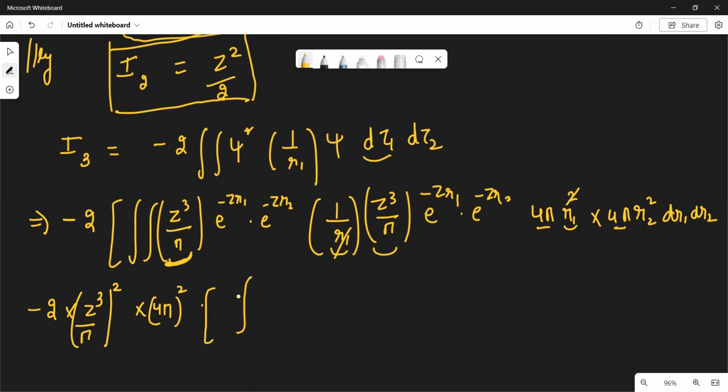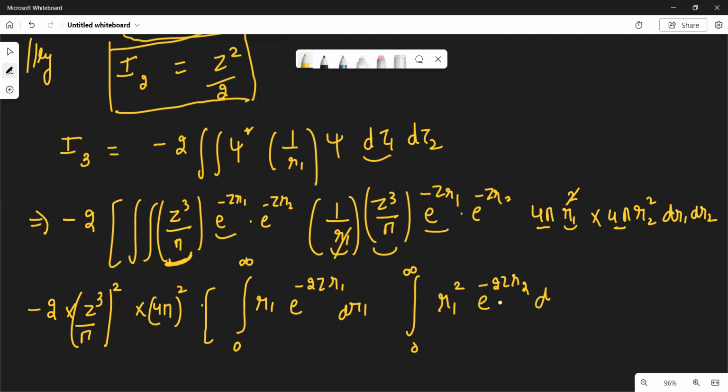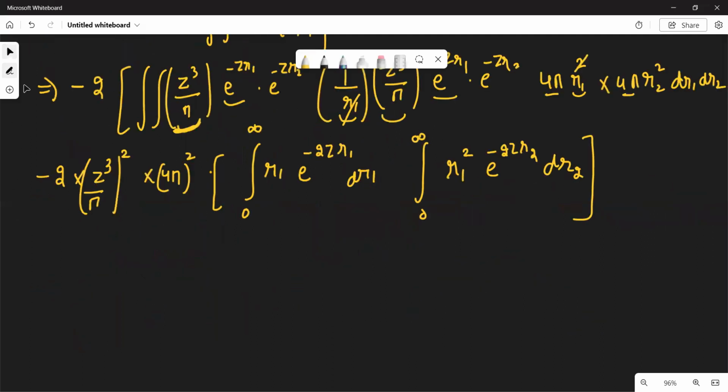In integration 1, we'll write all the terms containing r1, and in integration 2 we'll write all the terms containing r2. So I have r1 e raised to power, this we have 2 times, so we'll add it. We'll get 2zr1 dr1. Similarly, for the second integral, r1 square e raised to power minus 2zr2 dr2. Now we will solve the integral using standard integrals again.